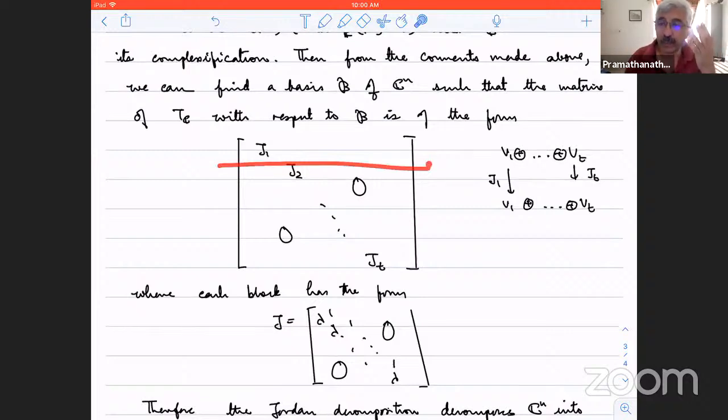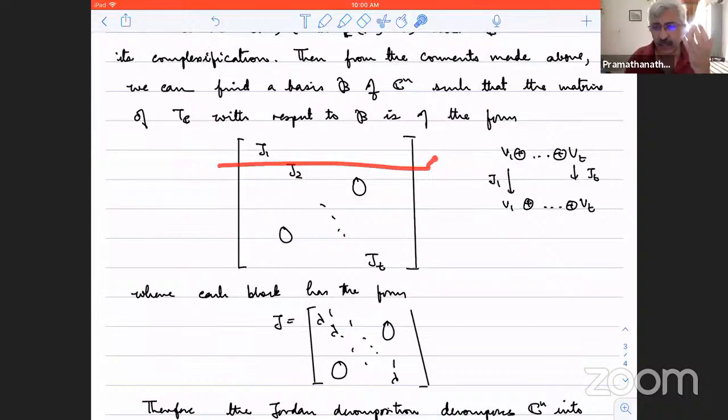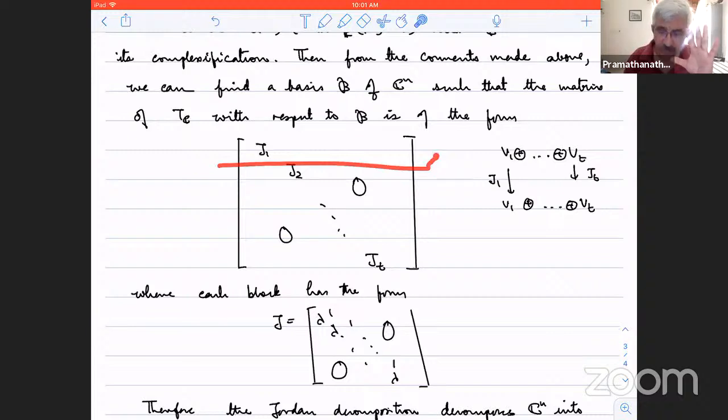What happens if I apply this matrix to E_i, where i is between 1 and N1? So let's say J1 is 5 cross 5. If I look at E3, what will it look like? It looks like a linear combination of E2 and E3: E2 plus lambda times E3, or lambda 1 times E3. So up to E5, you will stay within the subspace V1.